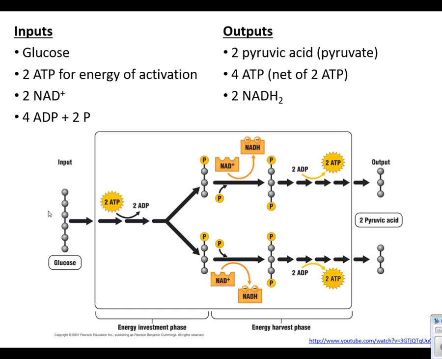And if you bend it strong enough, it's going to snap. So what ends up happening is we form 2 3-carbon molecules with a phosphate. We add another phosphate. Those 4 phosphates will end up getting donated to ADPs to form 4 total ATP.